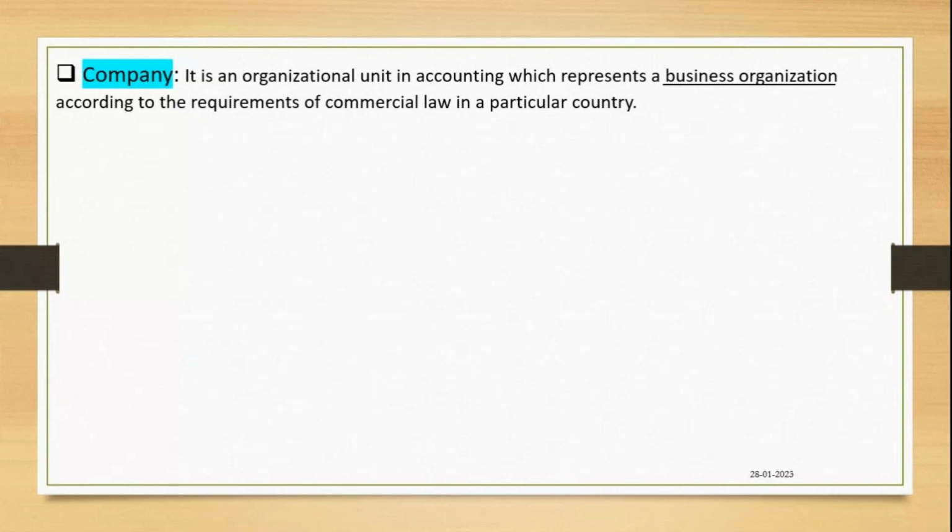That is the business organization, which should meet the legal aspects. For example, BMW is one company. I have taken some examples; there are thousands of companies: BMW, Tata Motors, Apple, Infosys, Hyundai Motors.